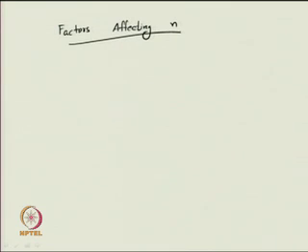What are the factors affecting n? Just enumerate them. What are the various factors affecting your Manning's n? Definitely, the first thing that will come to mind is your surface roughness. Whichever surface you are taking into account, whether it is a clay bed channel, a sand bed channel, a concrete bed, or whether the bed is made of wood, it depends on the surface.